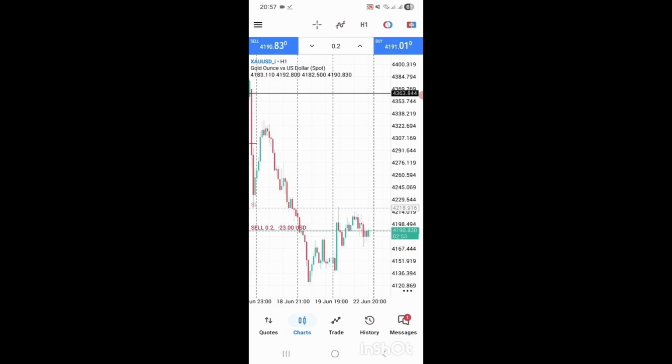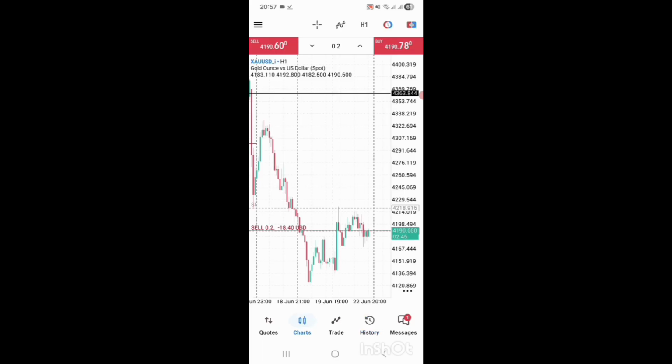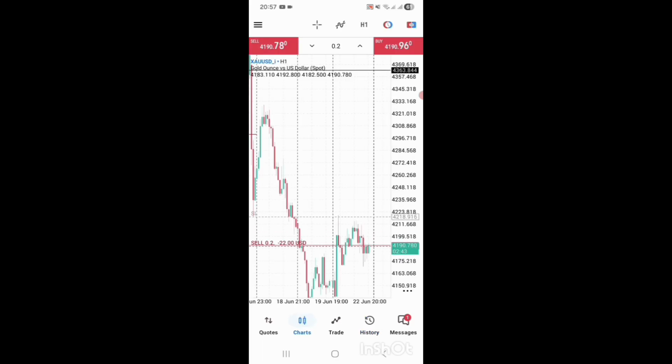We were in buys. I had the first take profit right here, 1.3, and then these two ones I closed the trade somewhere around here, because I saw what price is doing. It rejected right here. I spoke about this rejection right here.